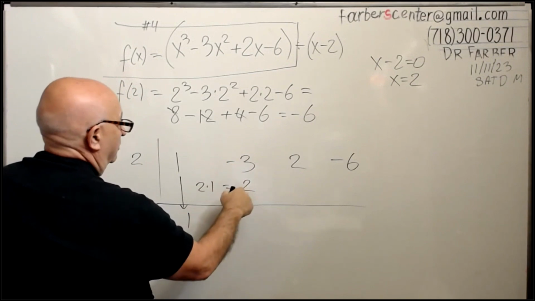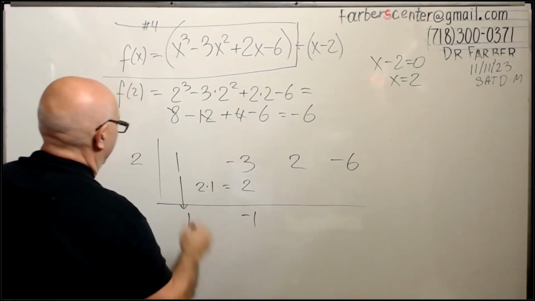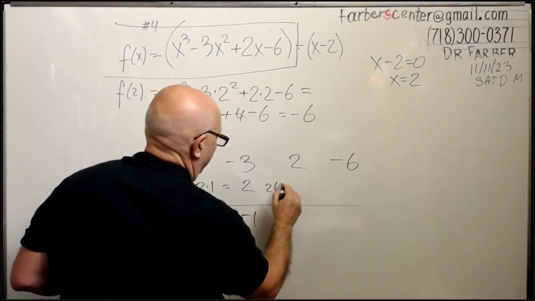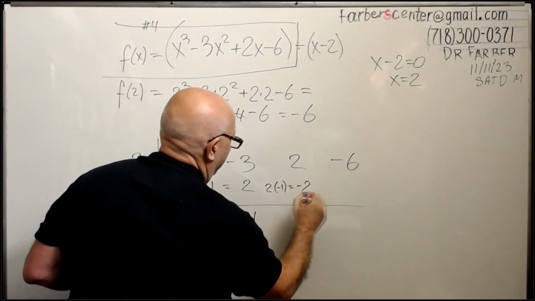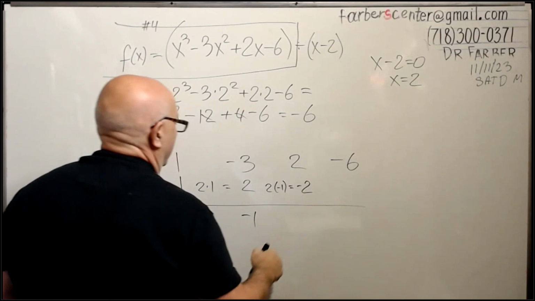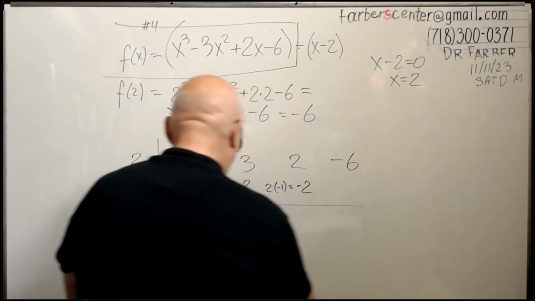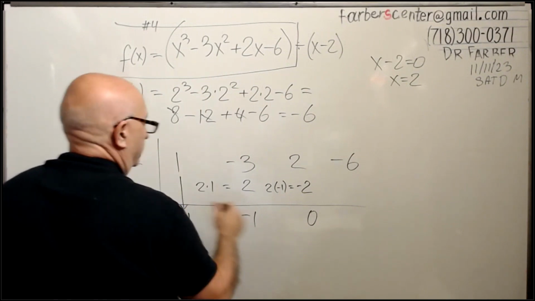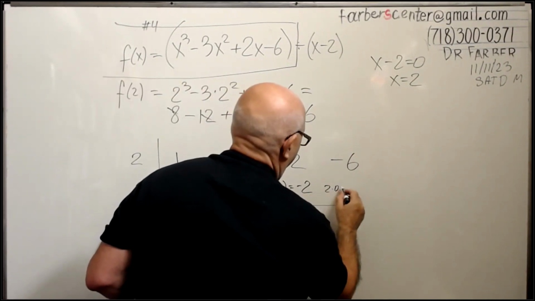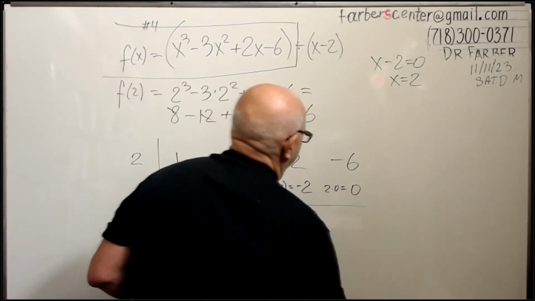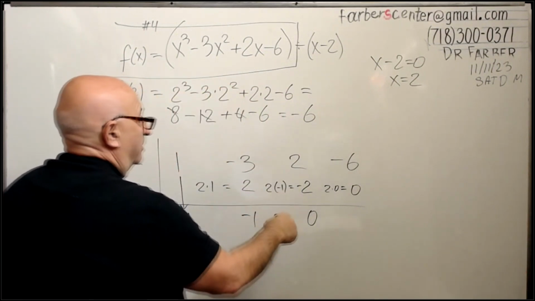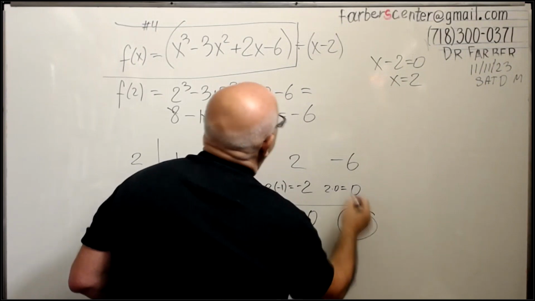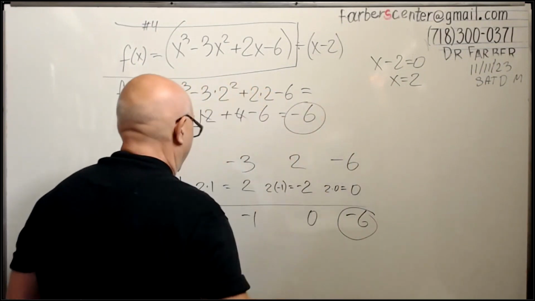Negative 3 plus 2 is negative 1. 2 times negative 1, negative 2. 2 plus negative 2 is 0. 2 times 0 equals 0. Negative 6 plus 0 is negative 6. Look at this, absolutely always the same.